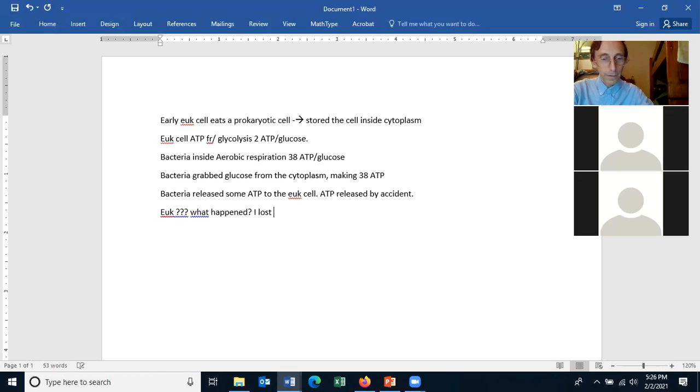I lost 1 glucose and gained a whole bunch of ATP. And then you can say it argued with itself, I can only make 2 ATP per glucose.